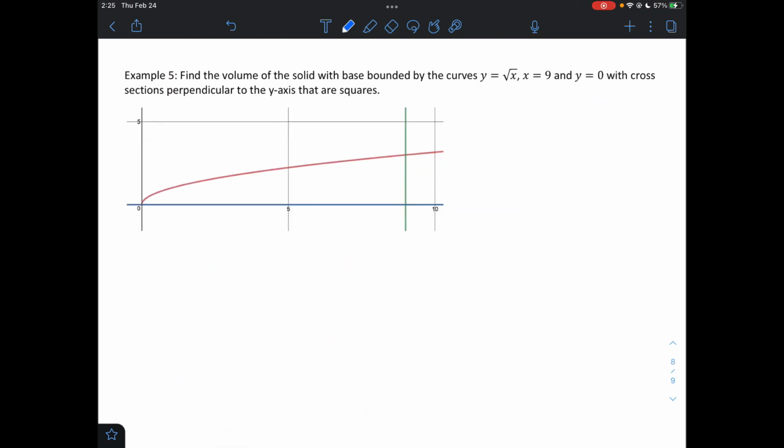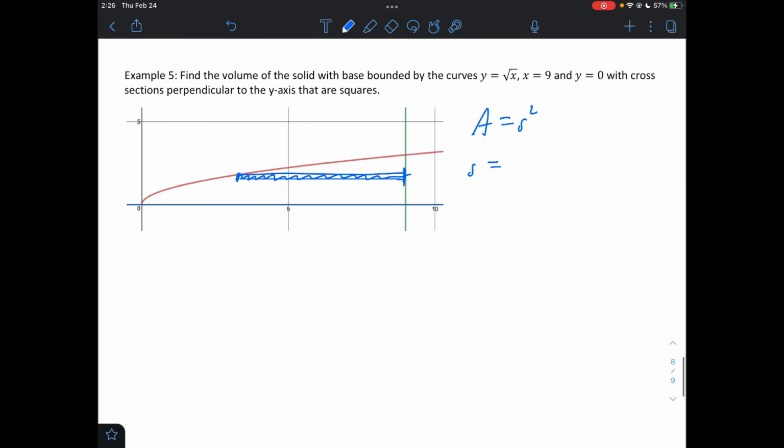Okay, number 5, it's the same problem, except now we're perpendicular to the y-axis, and we're doing squares. So our area would just be side squared, and our side would be this minus this.